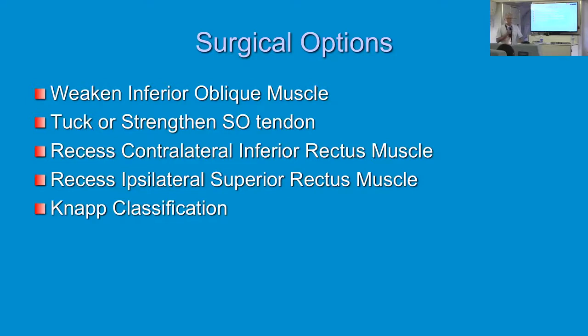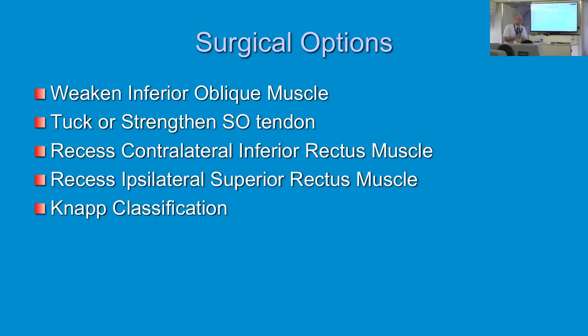The simple way to look at it: there's something called the Knapp classification, which tells you where to operate depending on where the vertical deviation is higher. To simplify, if I have a right superior oblique palsy and it's worse when I look up and to the left, you would weaken the right inferior oblique. If it's worse when I look down and to the left, you would strengthen the right superior oblique.